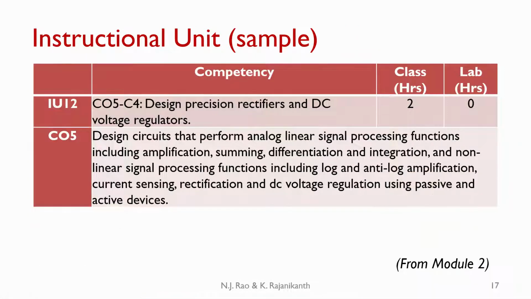This example is also taken from the earlier unit, module 2, and you can see that here there is a CO, and that competency is to design precision rectifiers and DC voltage regulators. So, how many hours is specified, and the particular CO is also specified.